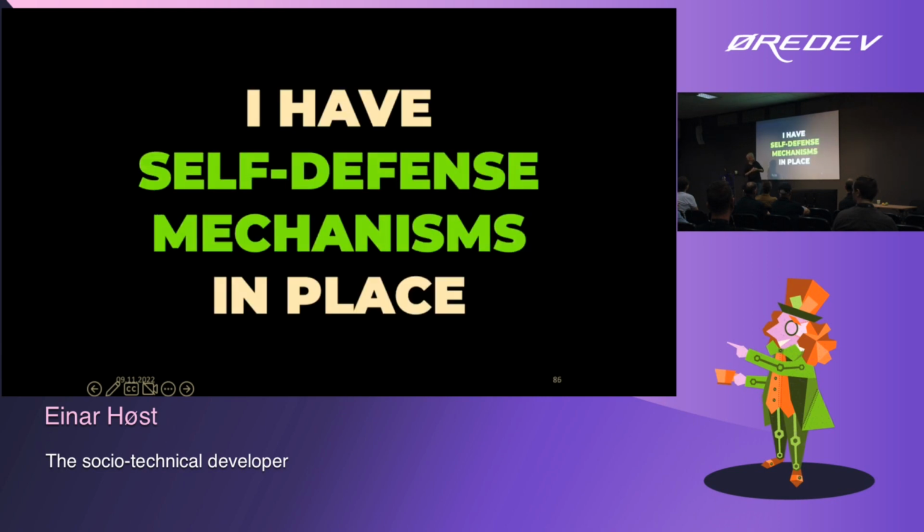So for that reason, I have these self-defense mechanisms in place. They're not necessarily very conscious, but if you start noticing, you can sort of feel them when they kick in, right? Now, say someone says something that comes into conflict with my idea that I'm a good software developer.